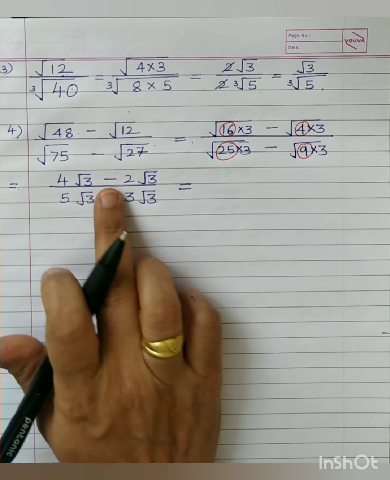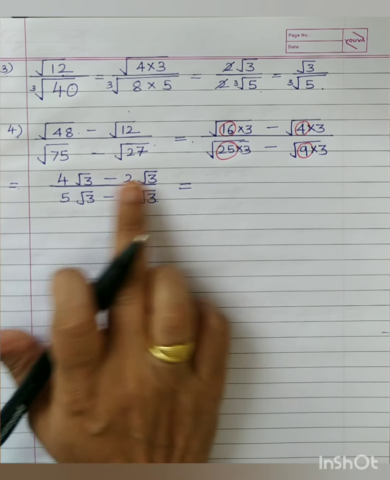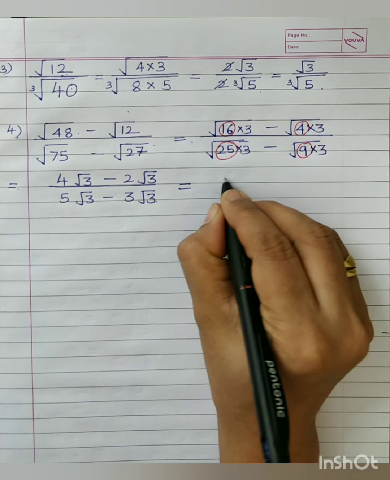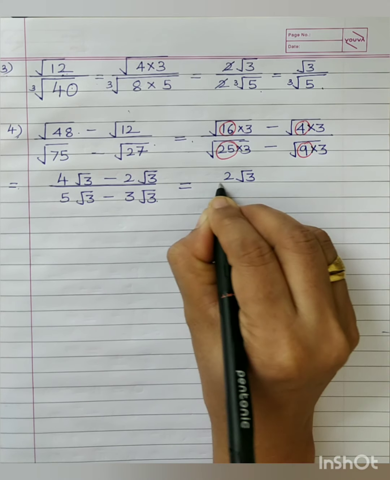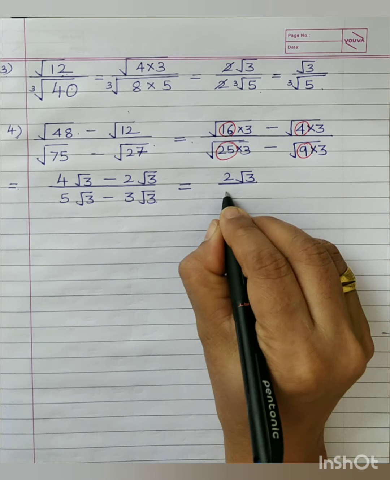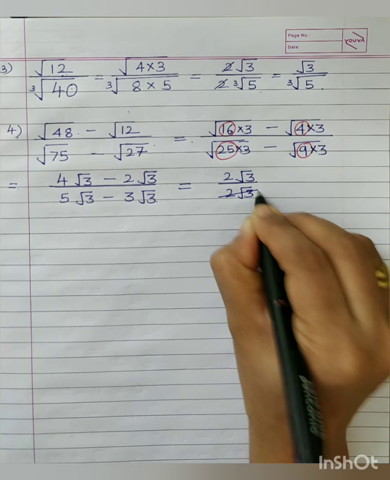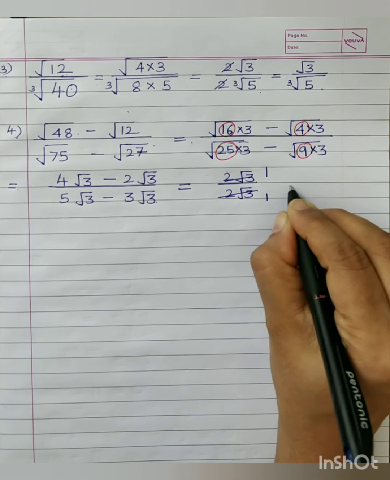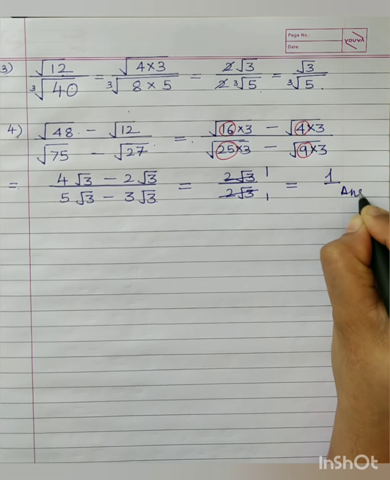Like 4x minus 2x, how do we get the answer 2x? Same way 4 root 3 minus 2 root 3, what will be the answer? 2 root 3. 5 root 3 minus 3 root 3, that also gives you 2 root 3. And both terms get cancelled. So the simplified answer here is 1.